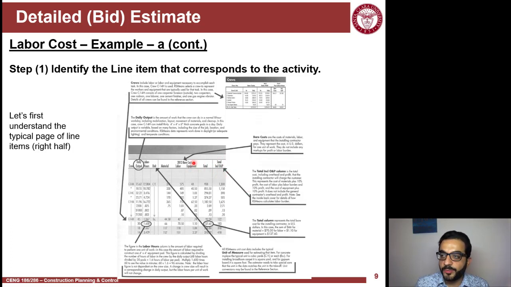So total is bare cost. It doesn't include overhead and profit. You use that if you're dealing with detailed cost estimate of self-performed work, the work you do by your own workers, the one that you're responsible for directly.